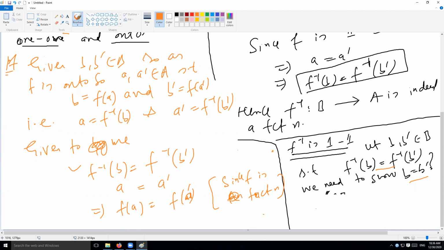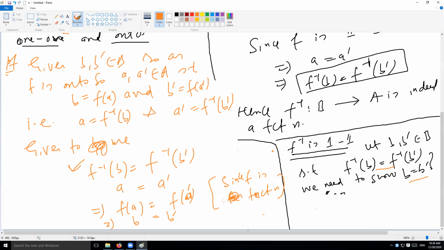Since F is a function, F of A must be equal to F of A prime. But what is F of A? That's B. What is F of A prime? That's B prime. So what we proved is that if F inverse of B is equal to F inverse of B prime, then B must be equal to B prime.